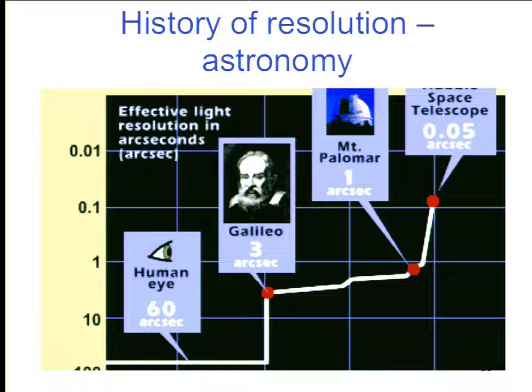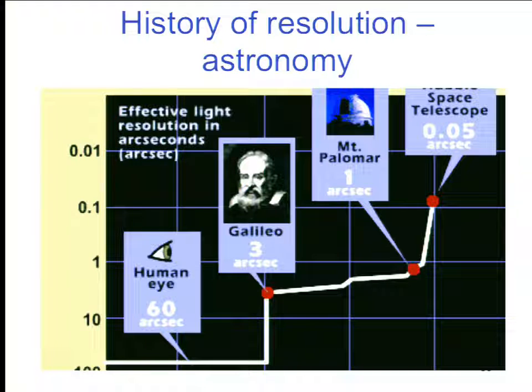So the resolution of the eye, for example, I don't have time to go into this. This particular slide comes from the Hubble telescope website, where they point out that the human eye was able to see objects a certain angle apart.